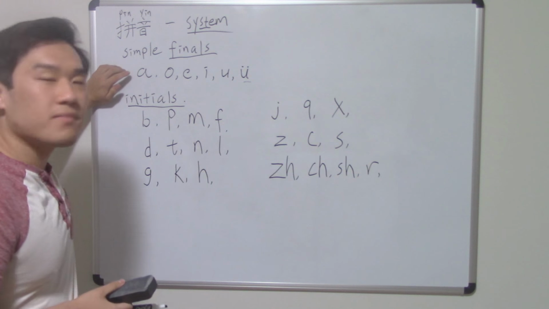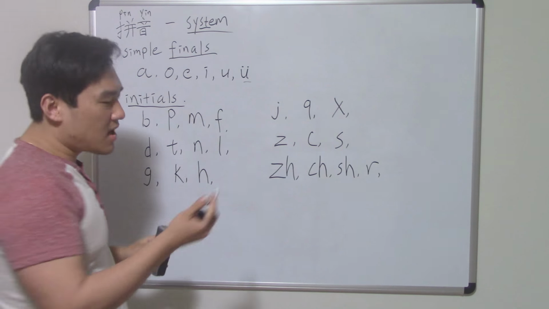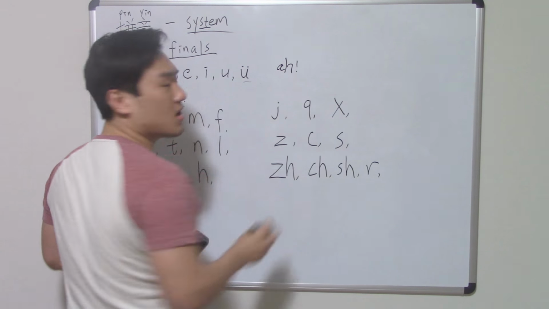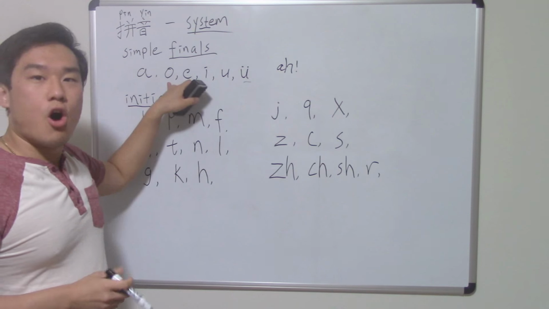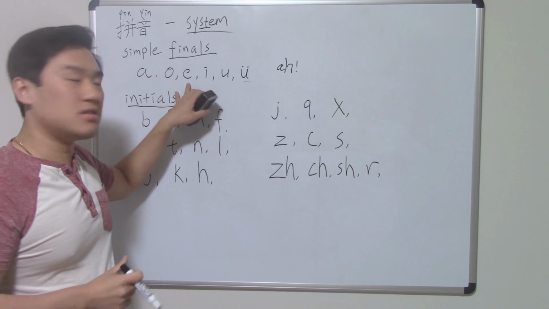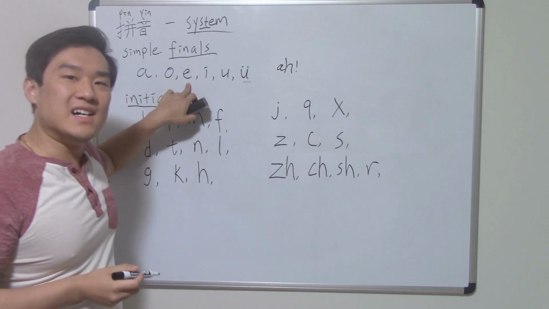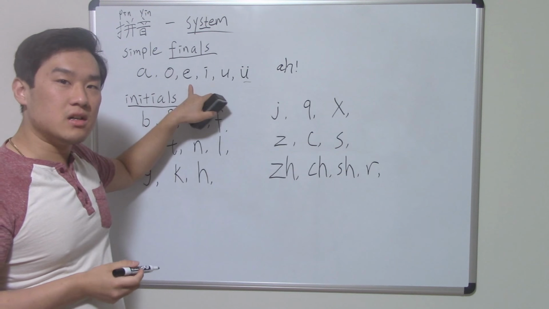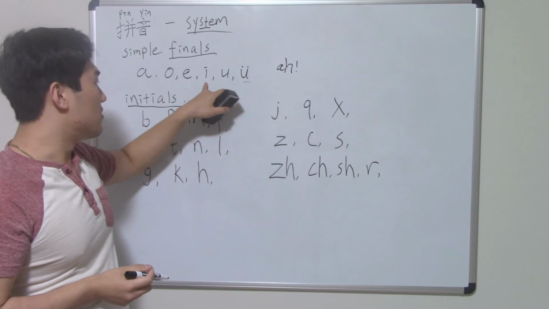Here, this one in Chinese is kind of like "ah." So that's the first one. The second one here is "o." Then the third one here is "e." So: ah, o, e.